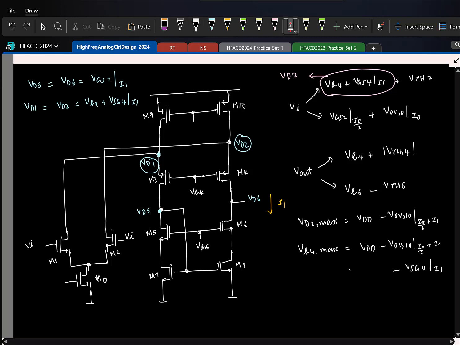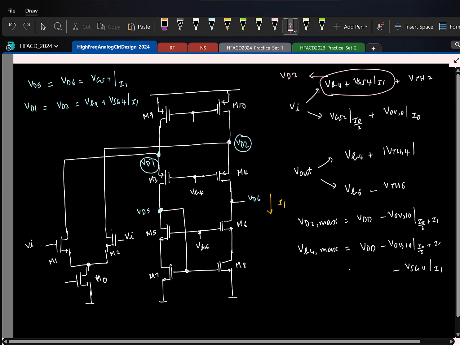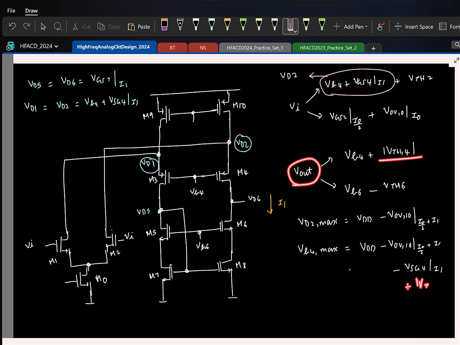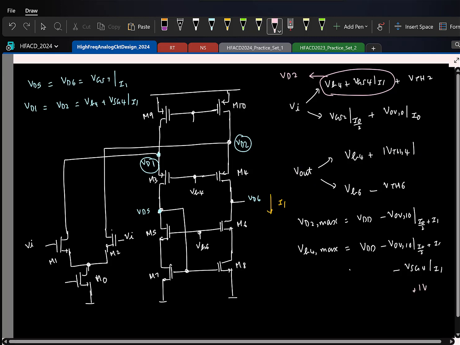So this is the maximum of VB4. So if I have to find the maximum output, plus mod VTH4 comes together, so this becomes one overdrive.